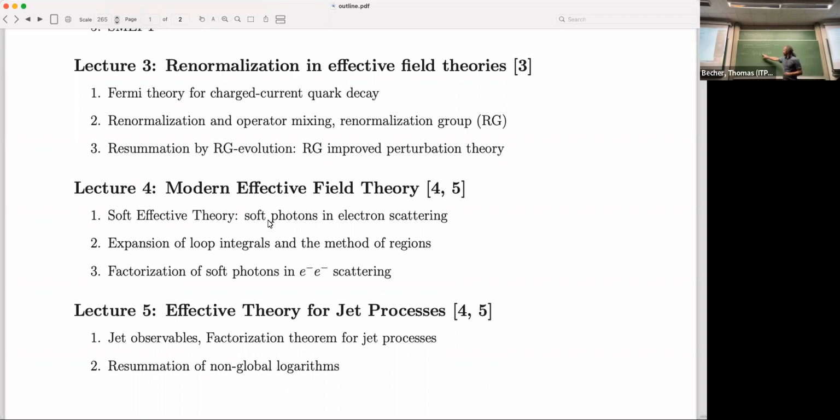You know that i times the derivative, this is the momentum. So the d mu here, each component scales like the first power of the energy. The x mu here is the conjugate variable to the momentum. So it scales like 1 over energy.